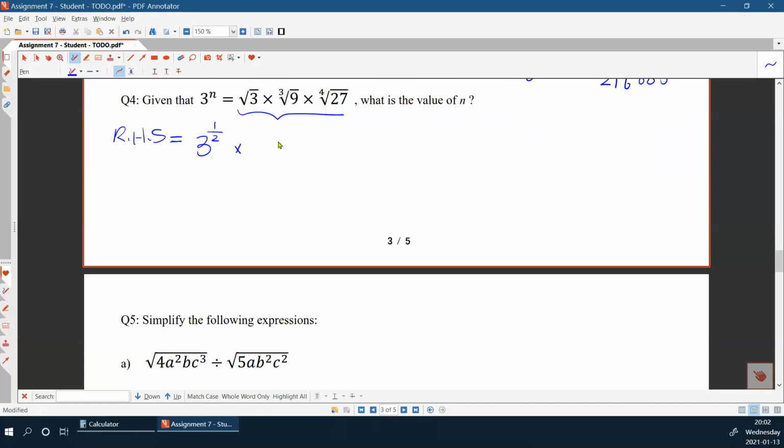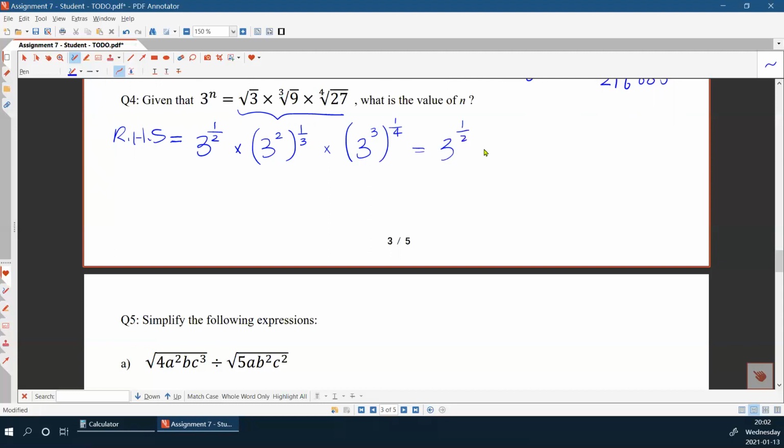Okay, this number times 3 to the second power and then to 1/3 power times 3 to the third power and then to the 1/4 power. Okay.